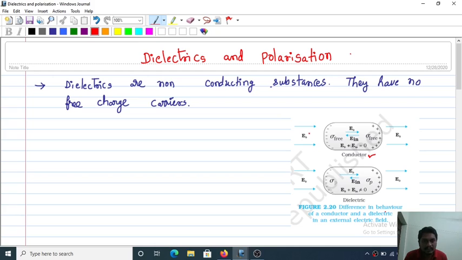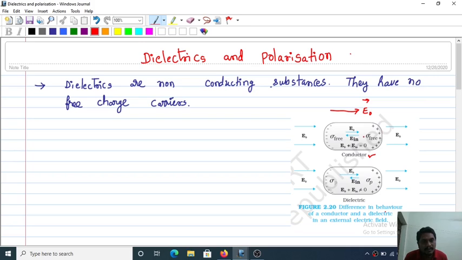When we apply the electric field, they drift towards the left of this conductor. This is the direction of the external electric field, E0. When you apply this electric field, the negative charges in the conductor drift against the direction of the electric field and positive charges drift along it. Gradually, negative charge appears on the left side and positive charge on the right side.